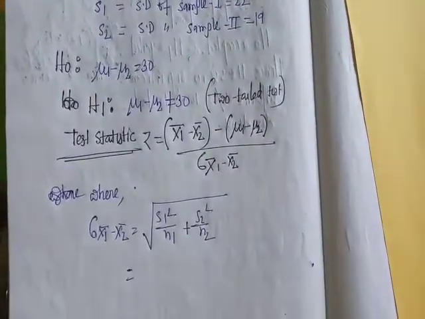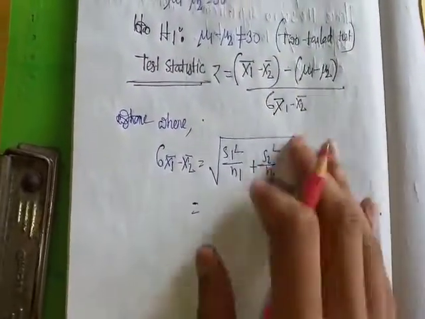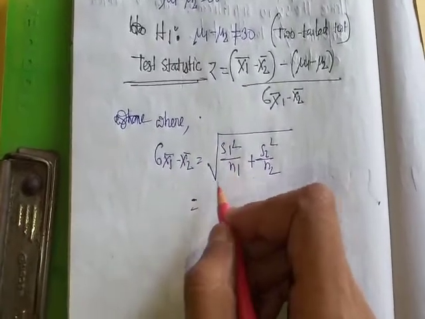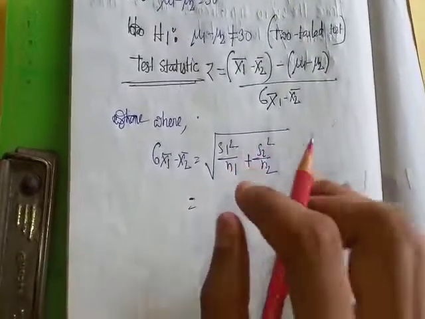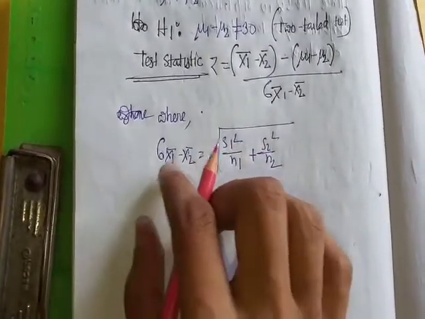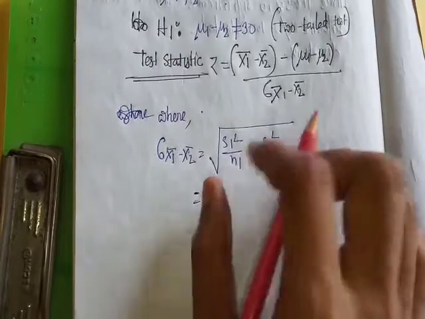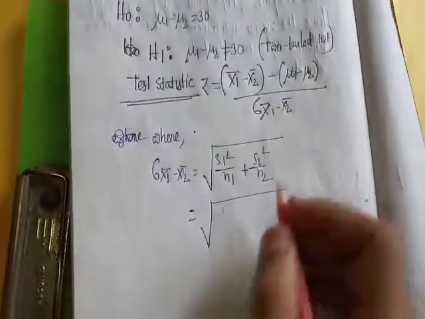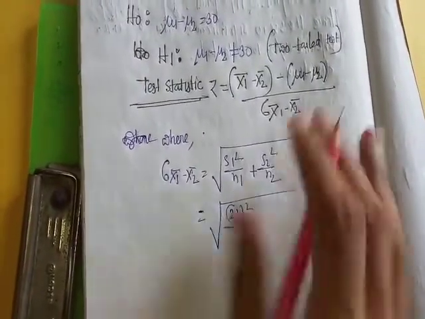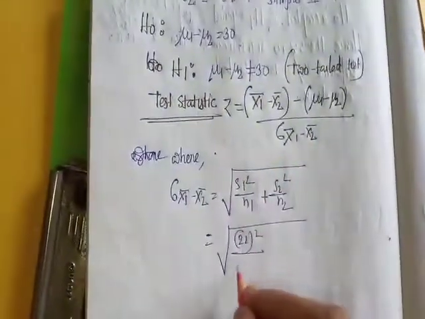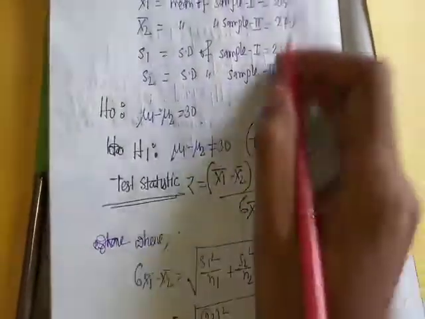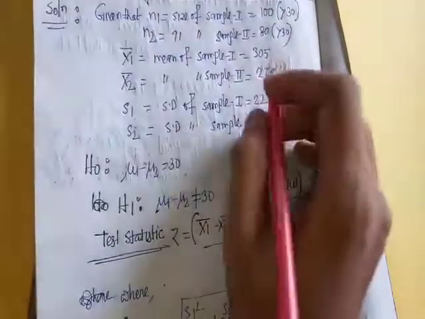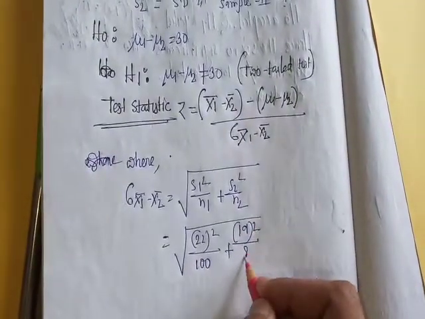When population standard deviations are known, the formula of standard error becomes sigma 1 square by n1 plus sigma 2 square by n2. Here population standard deviations are unknown, so after putting the values, 22 whole square by 100 plus 19 square by 80.